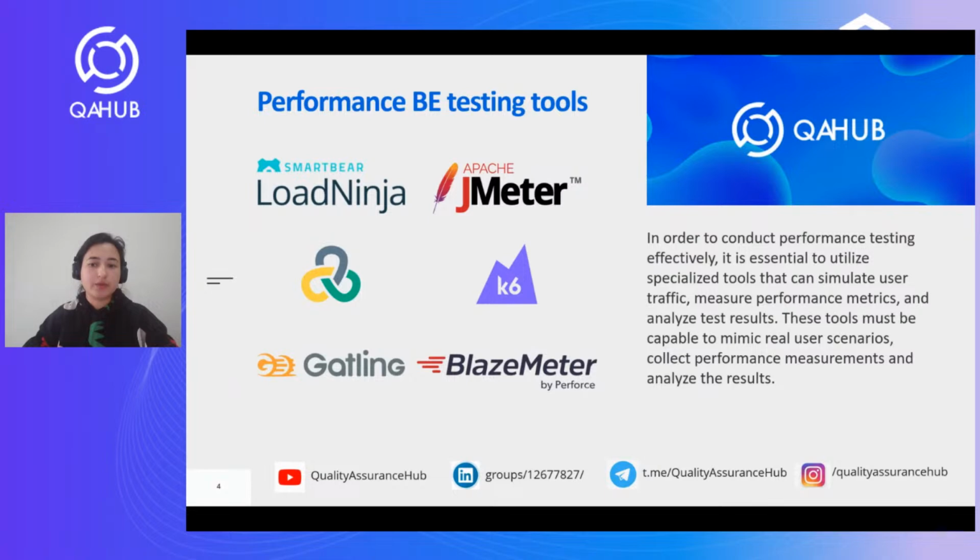So to carry out effective performance testing, we should use specialized tools in order to simulate real user traffic, to measure and collect the metrics, and to have the possibility to analyze the results. And such tools should be able to simulate real-world scenarios and user traffic patterns accurately.